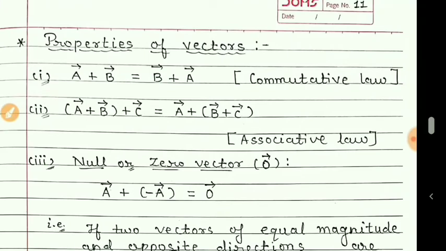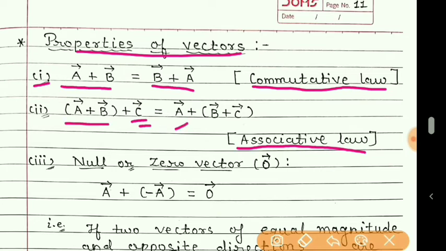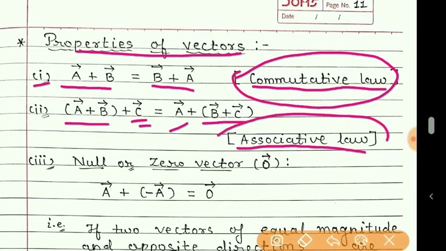Now about properties of vectors. First is the commutative law, that is vector A plus vector B is equal to vector B plus vector A. Next is the associative law, that is C is added to A plus B, that will be equal to adding A with B plus C. Students, in lower standard you might have studied these laws, commutative and associative.